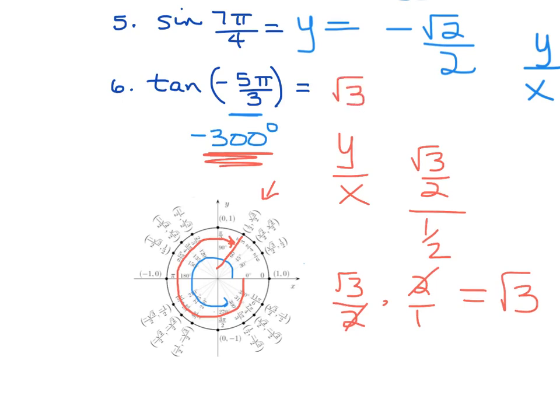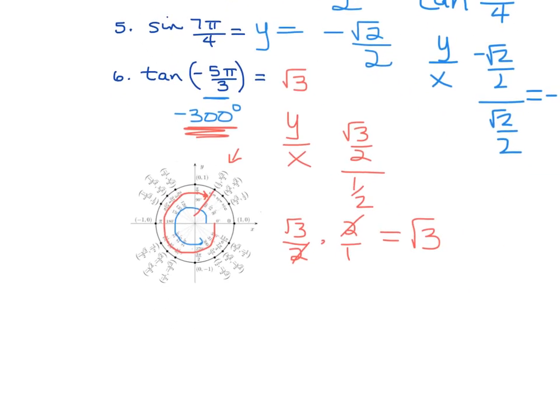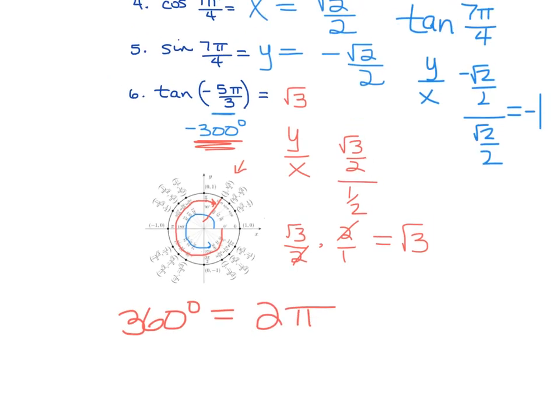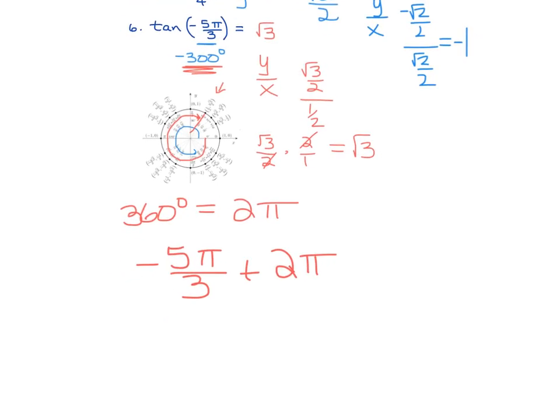The other way to do this without graphing the angles is to find a coterminal angle. Now, I don't know if you remember from 5.1, when we found coterminal angles, we added 360. But we're no longer in degrees, we're in radians. So what you need to remember is 360 degrees is equivalent to 2 pi radians. So I'm going to take my negative 5 pi over 3 radians and add 2 pi to it. Now, notice it's a fraction.